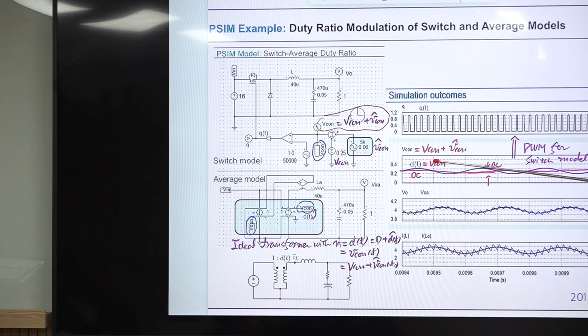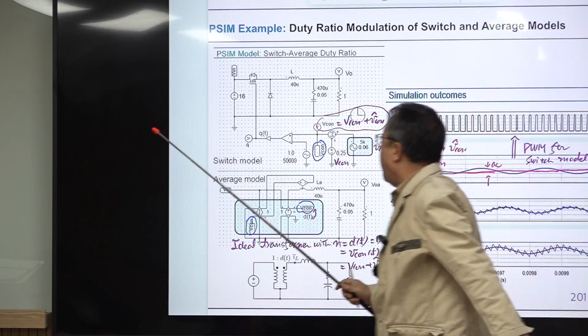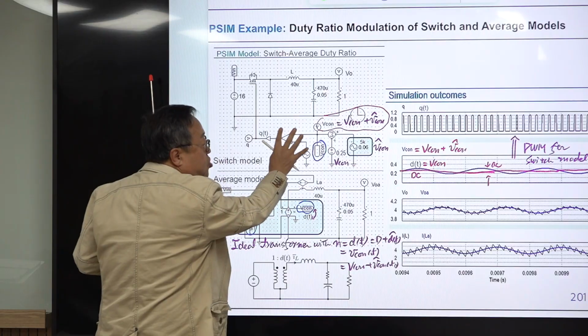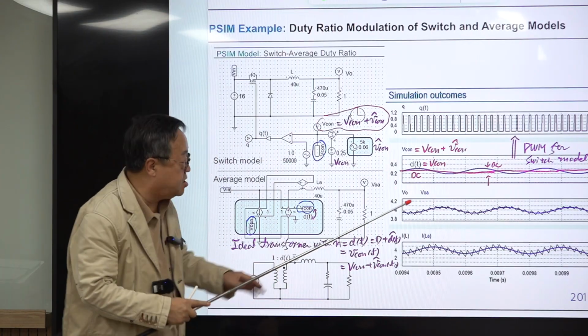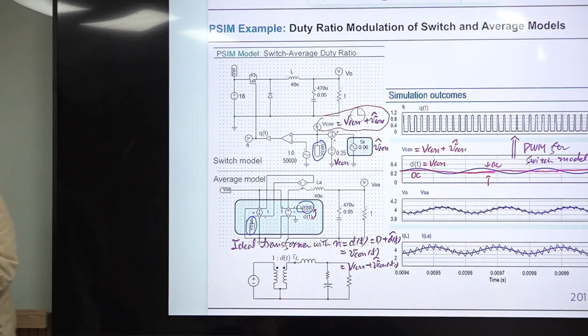So you generate the PWM for the switch model, which is this. They're the same thing. In this switch model, this is used as the control voltage, but in this average model, this one here can be used as something else.